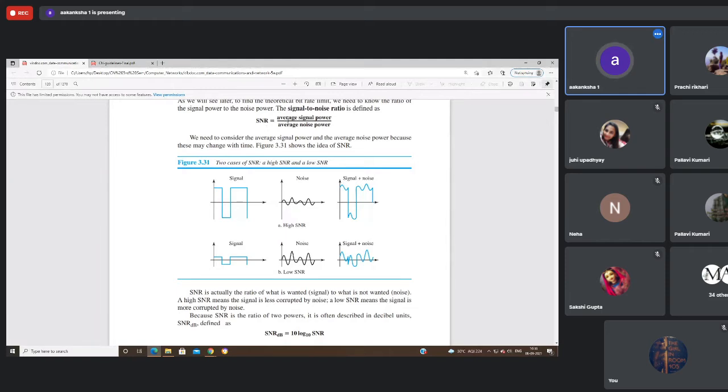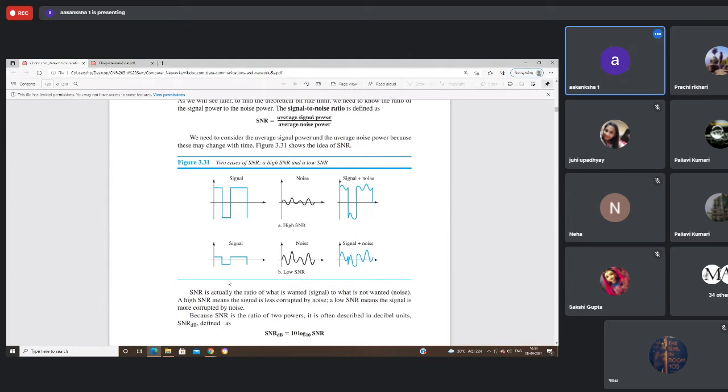But if you have a low SNR, that means average noise power is more and average signal power is comparatively less. In case of low SNR, the signal will be distorted more. You can see this was the original signal. The noise power is more, therefore low SNR, and because of that, signal plus noise, the actual signal we have received at the receiver has more distortions, and we could not find out what the actual signal was.